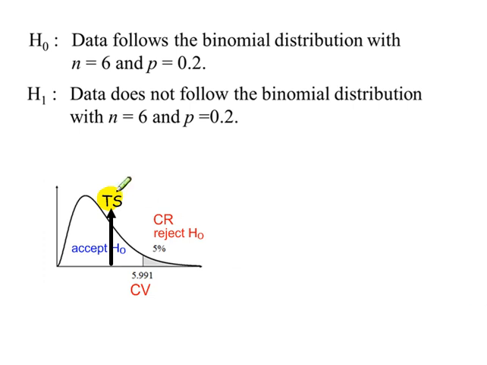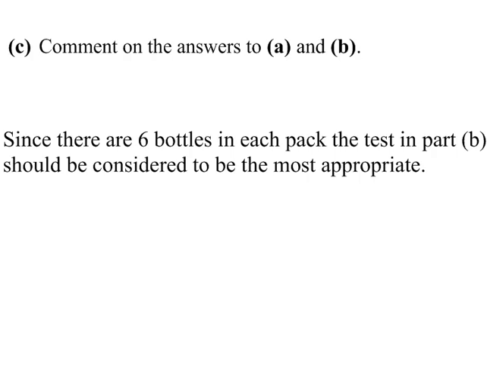So our test statistic is now in the acceptance region. We have our new H0 and H1s with n equals 6. So the better test is the one where we're using 6 bottles. So B is the better test.